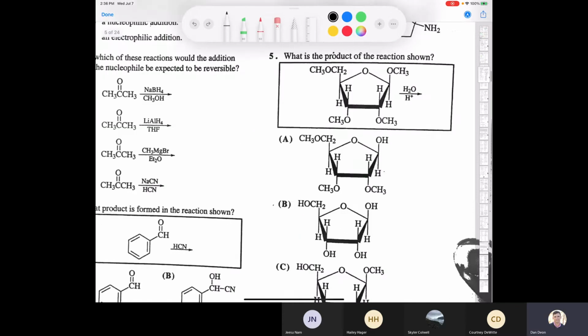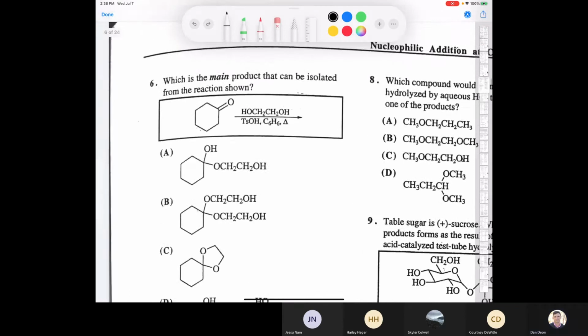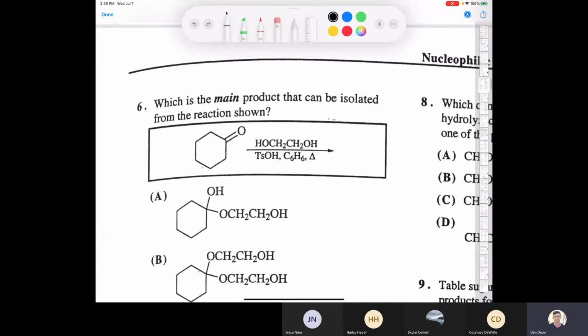Take a look at number 6. Where is it? Over here. I'll just zoom in on the question first. It says you're taking cyclohexanone, you're treating it with ethylene glycol. Everybody should recognize this molecule, right? This is ethylene glycol or antifreeze. TsOH, that's tosic acid.